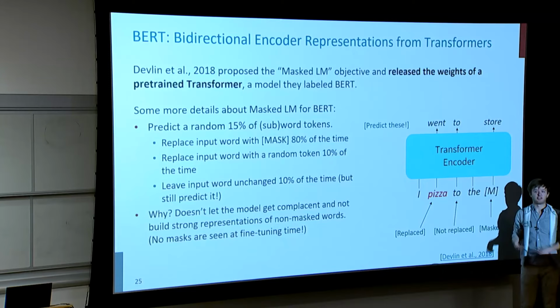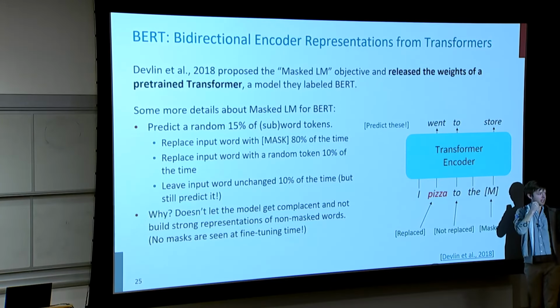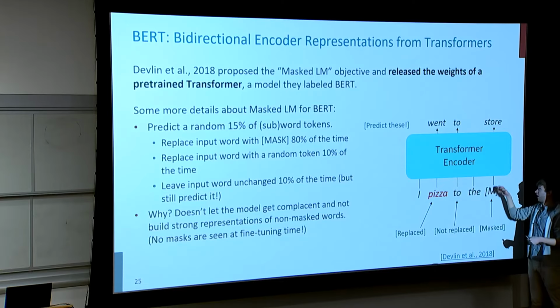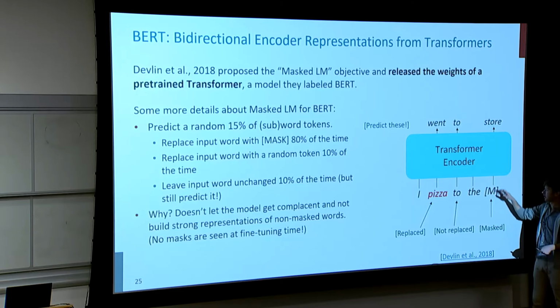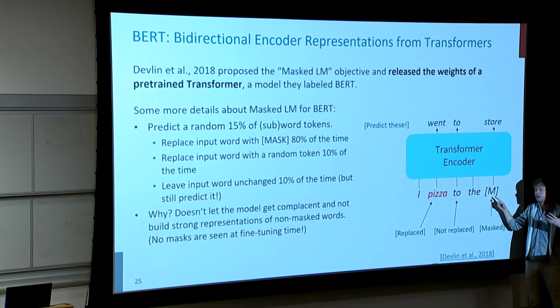The intuition of this is the following. If I just had to build good representations in the middle of this network for words that are masked out, then when I actually use the model at test time on some real review to do sentiment analysis on, well, there are never going to be any tokens like this. So maybe the model won't do a very good job because it's like, oh, I have no job to do here because I only need to deal with the masked tokens.